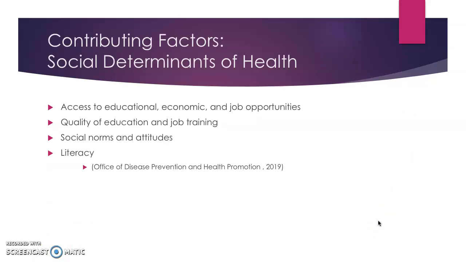All right, so contributing factors, social determinants of health that may contribute to intellectual disabilities. Access to educational, economic and job opportunities. You have quality of education and job training, social norms and attitudes, and literacy.